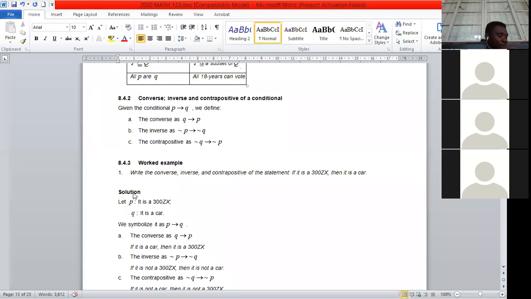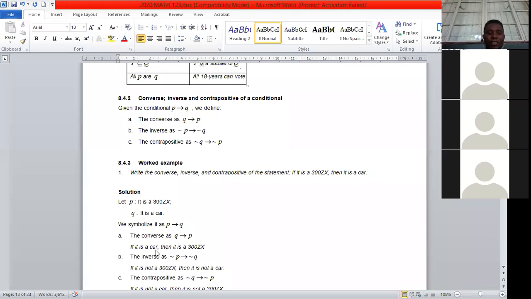Remember, the initial statement is P implies Q, which says if it is a 300ZX, then it is a car. Now you are writing the converse of that statement.